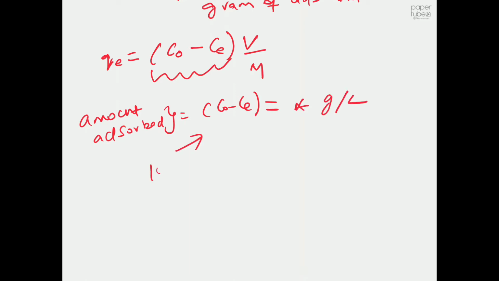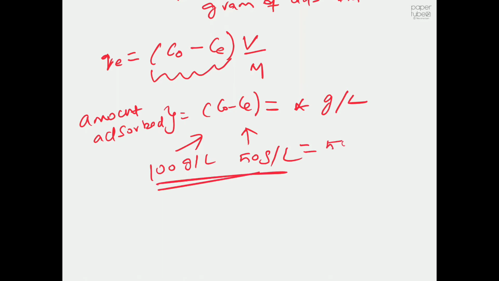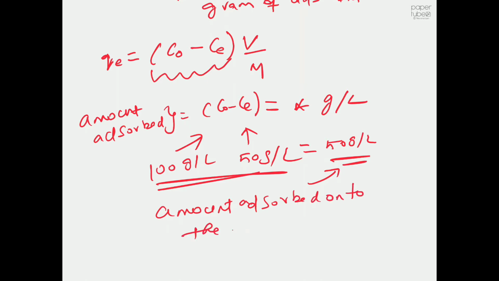Say if C0 is 100 grams per liter and your CE is 50 grams per liter, the difference will be 50 grams per liter. So that's the amount adsorbed onto the solid. It is completely okay to express the amount adsorbed onto the solid as 50 grams per liter, but still we converted this into grams per gram.